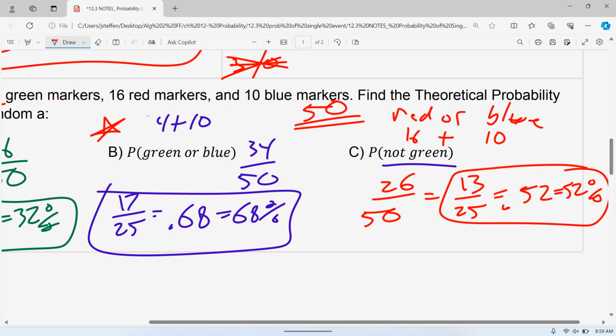The other way to do it, and the only reason I'm saying this is so some of you guys maybe will remember it once you do more stuff with probabilities. Remember, the perfect probability of drawing all the markers is 100%, or 1.00. So the other way to do it is you could actually find the probability of green, and then take 1, which is 100%, 1.00, minus that probability of green.